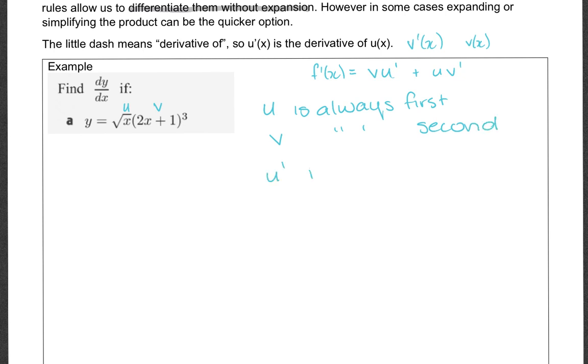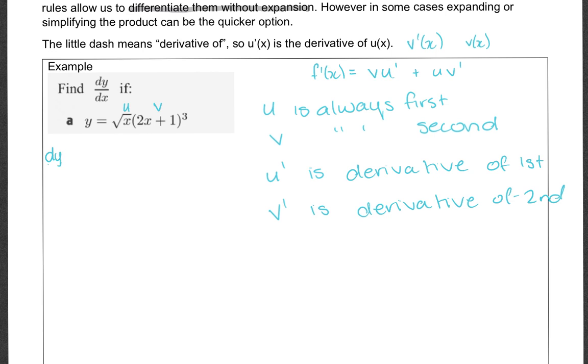u dash is the derivative of the first. v dash is the derivative of the second. Okay, so dy/dx equals v u dash plus u v dash.